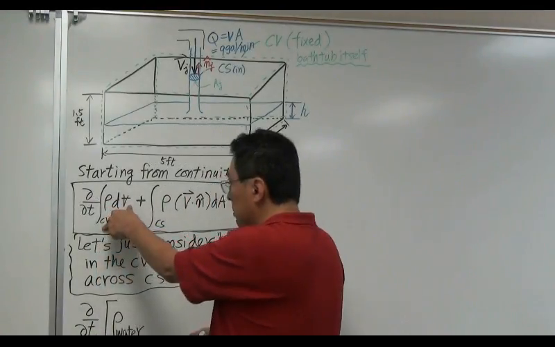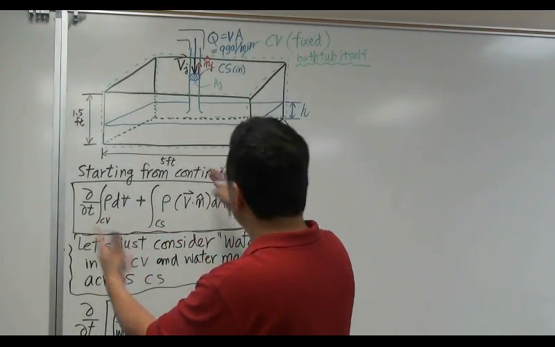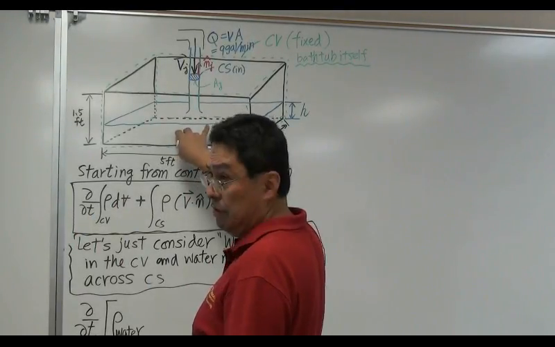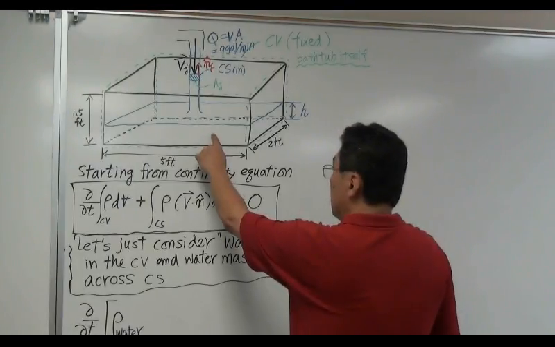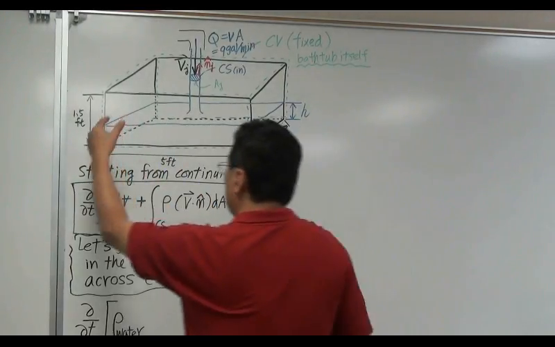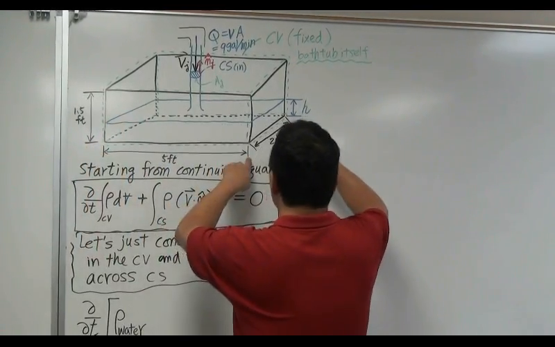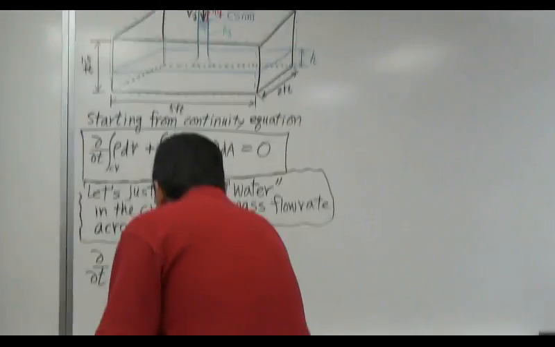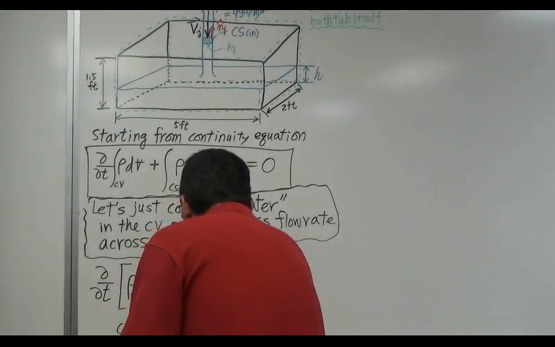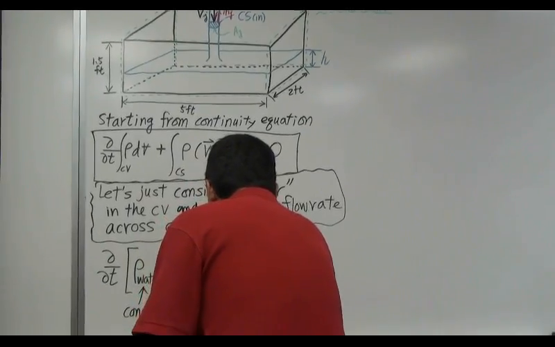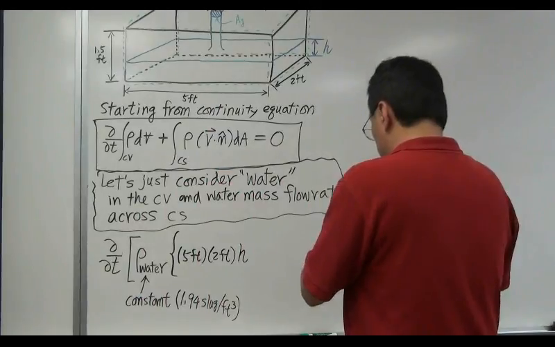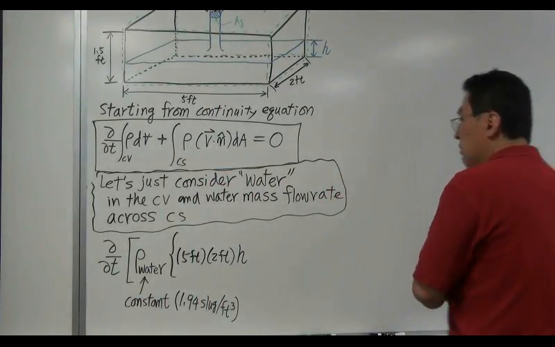This is the integral over volume. So what is the volume of water inside of the control volume? Well, of course, this is the water. The water volume is 5 feet times 2 feet times h. Wait a second, is that really the water volume?